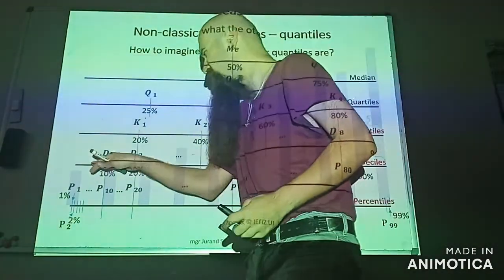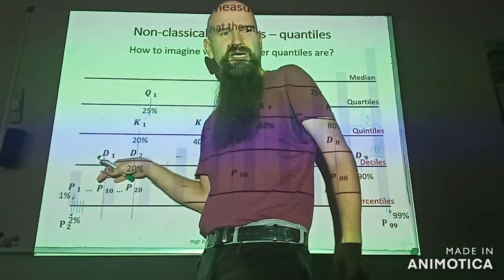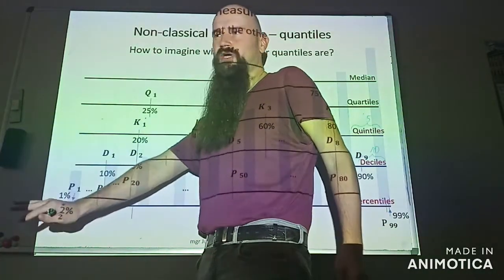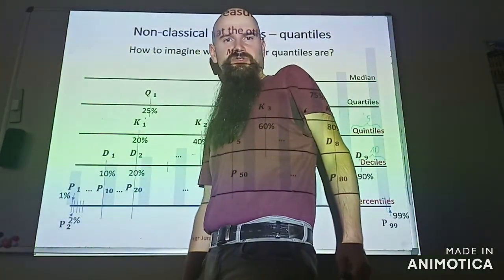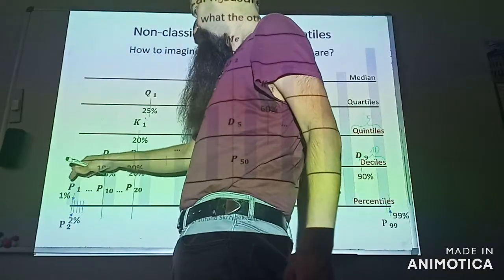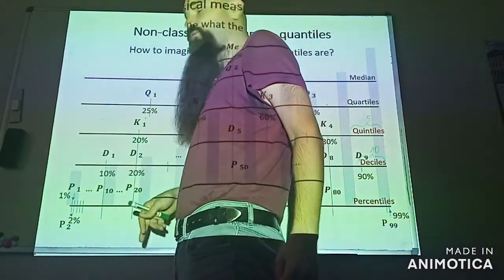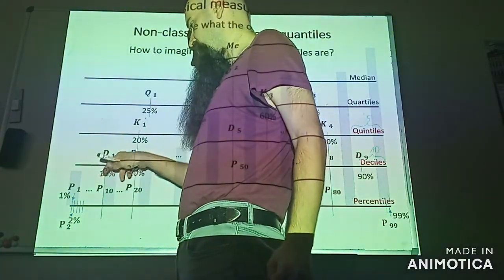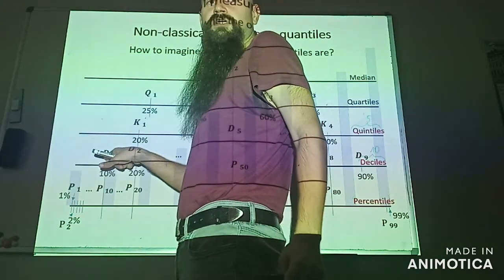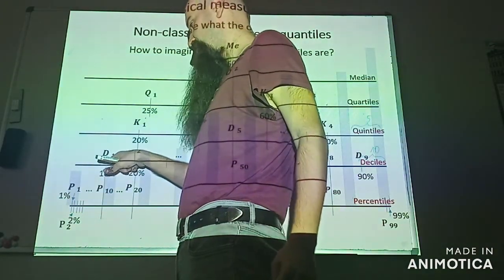So this is actually the margin group of the lowest values in the statistical series. 10% of the population here is characterized by the variable value not greater than the first decile.